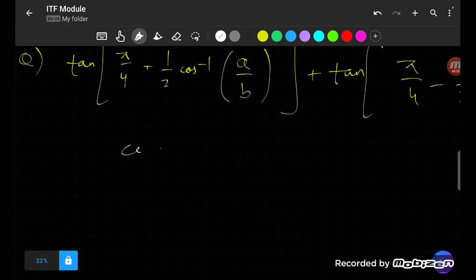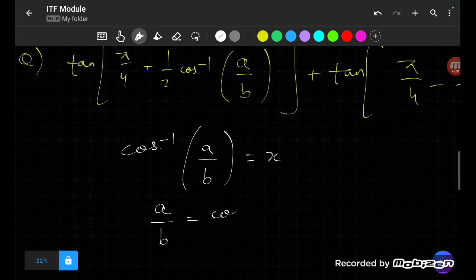Take cos inverse A by B as x, so A by B equals cos x.